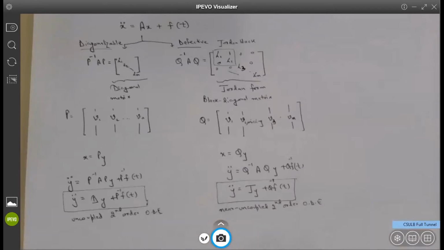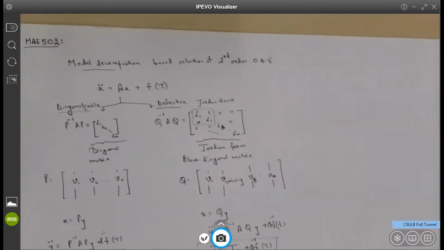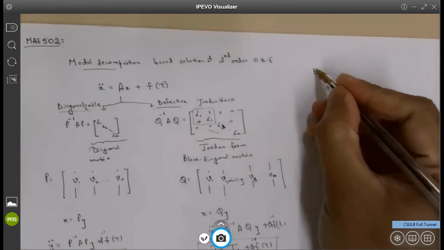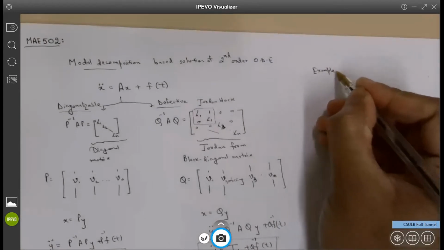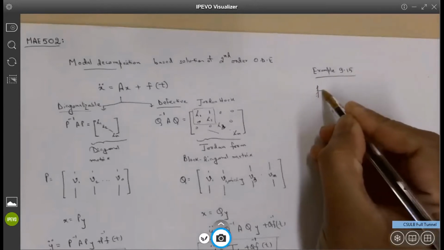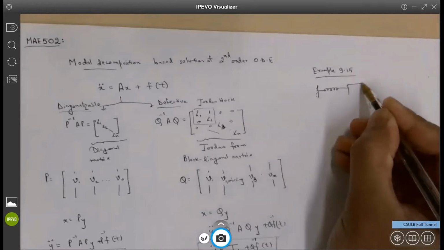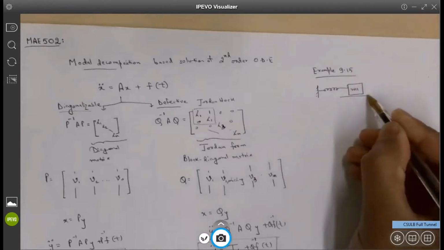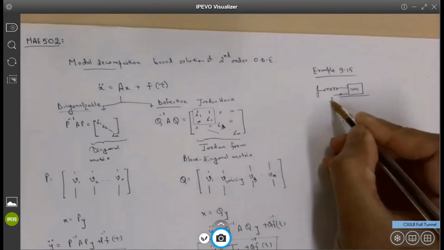On this formulation that we are using to solve a second order ODE. Now, as in example 9.15, we have a 2 mass system attached using springs, and there is a force vector attached here.